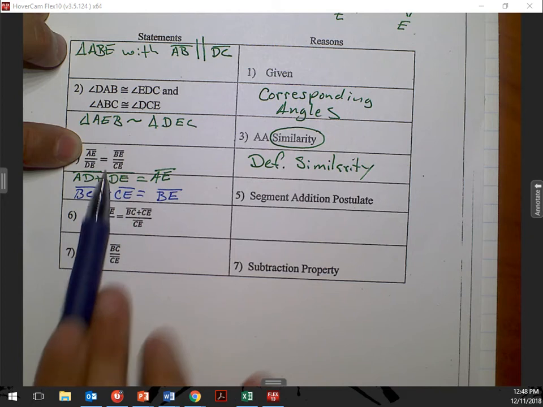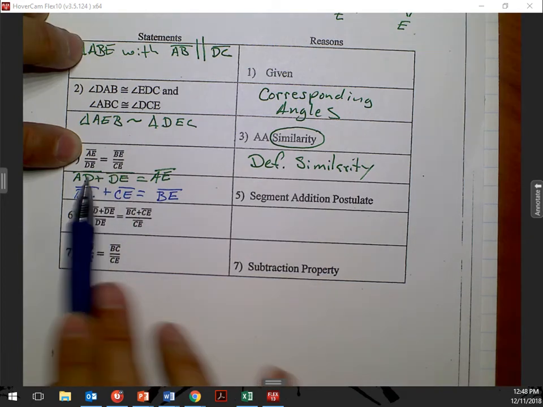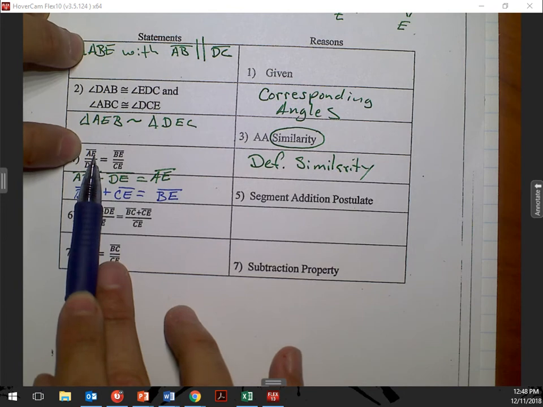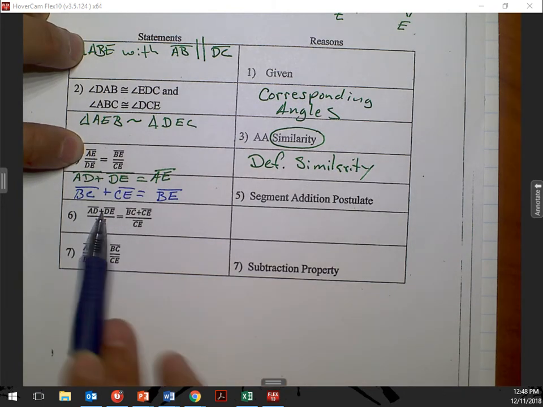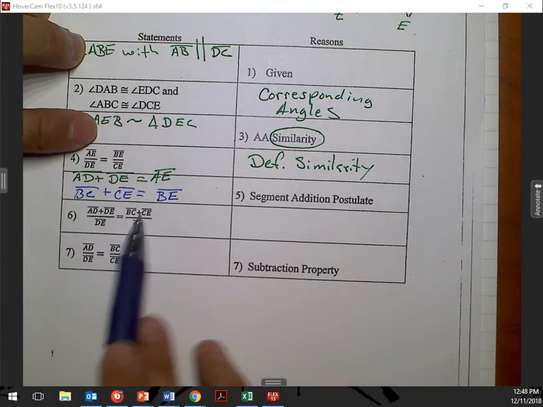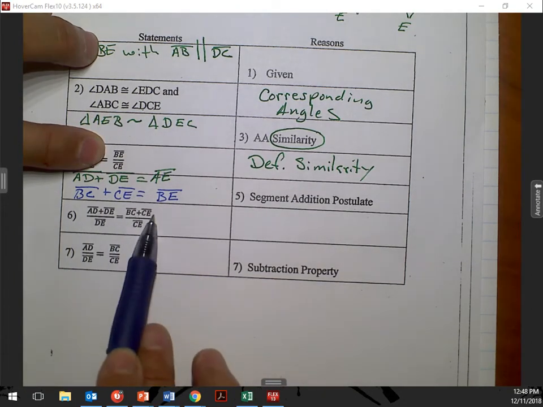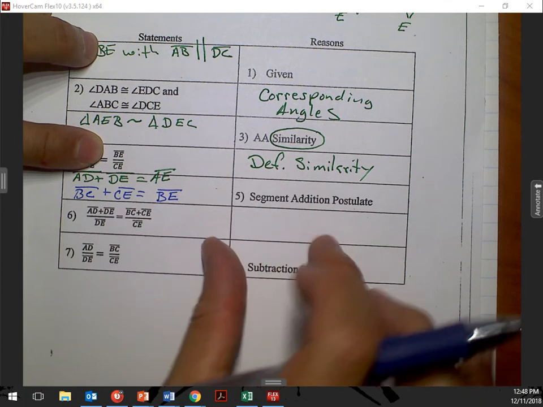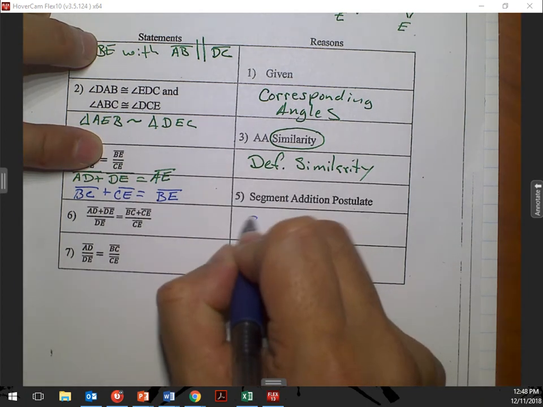If I replace it, it's going to be called substitution. So I'm going to replace AE, which I had right there, with AD plus DE. The same thing on the other side: BE is going to be replaced with BC plus CE right here. Whenever I replace something, that is going to be the substitution property.